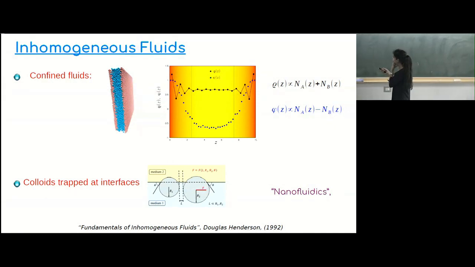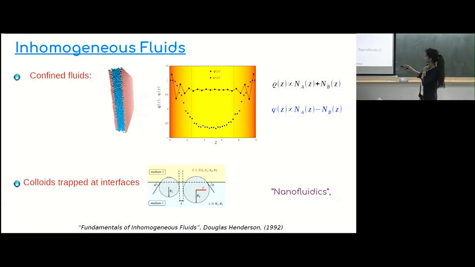Let me explain it. Basically you have these two walls sitting right here, and let's say that these walls prefer the A type of particles. I have a binary fluid here with A and B type of particles, and both walls preferentially attract A particles. Now this blue data is the order parameter here, or say the local concentration difference, which is the number of A particles minus the number of B particles.